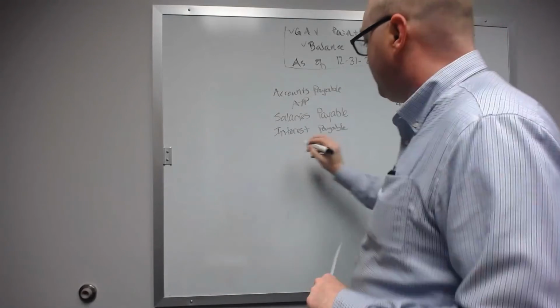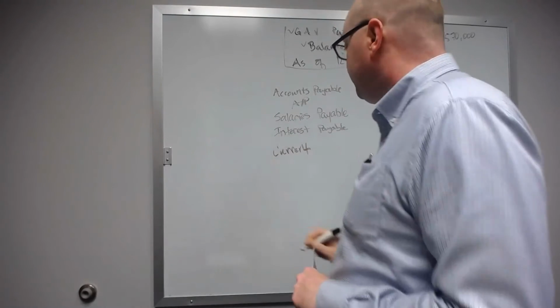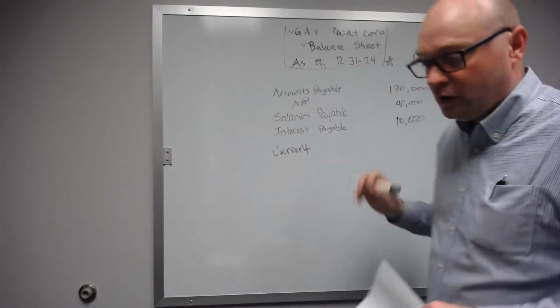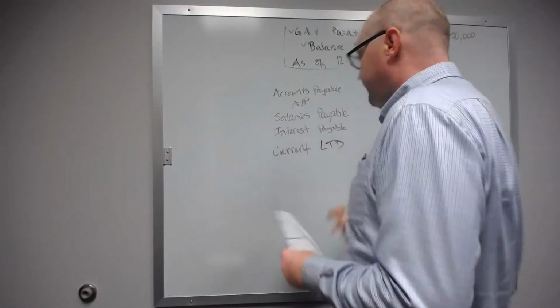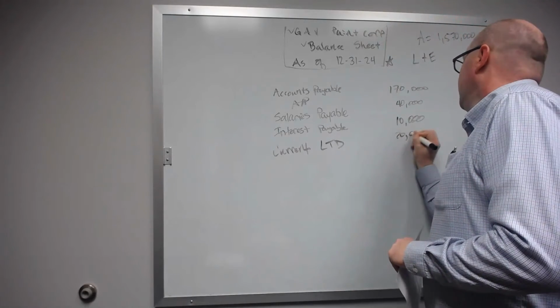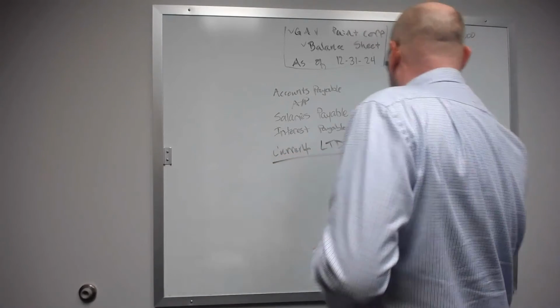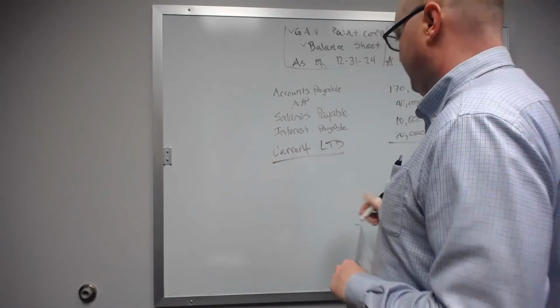And then we've got current portions of long-term debt. Remember in your slide, I told you to be cautious with these, right? That there are current portions of long-term debt. So current LTD, current portion of the long-term debt, is $20,000. And these are all of our current liabilities. These are liabilities that we expect to repay in full within the next year.